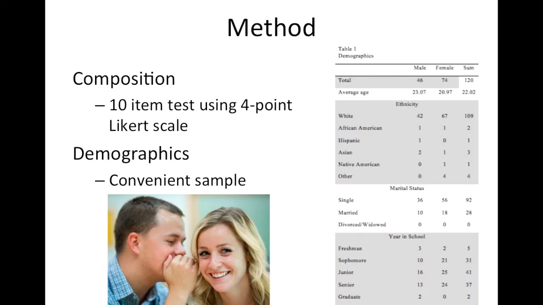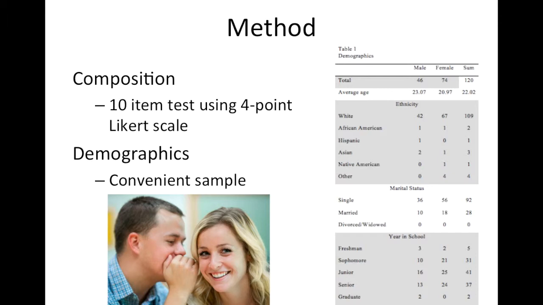As we see in the demographics to the right, this was a convenient sample, and a total of 120 people started the OSI, our survey, but only 113 of those completed the entire survey.